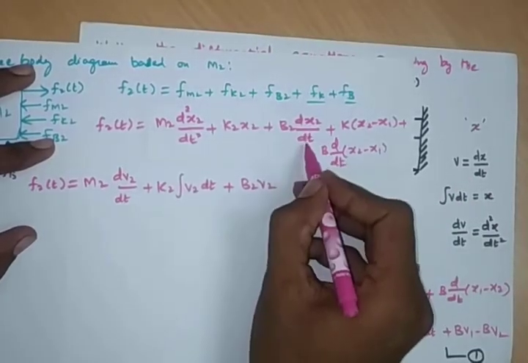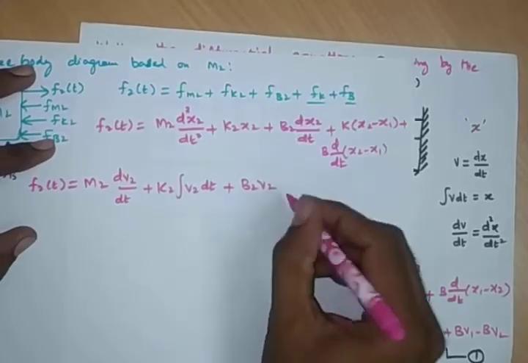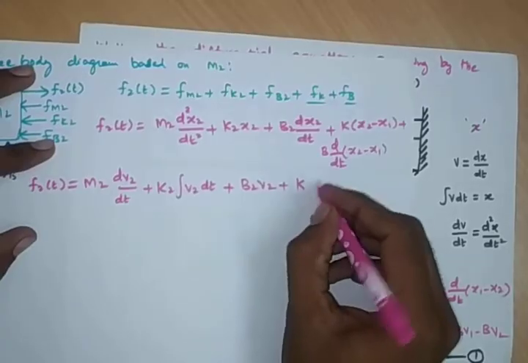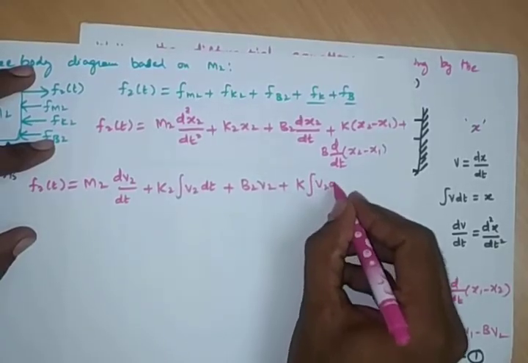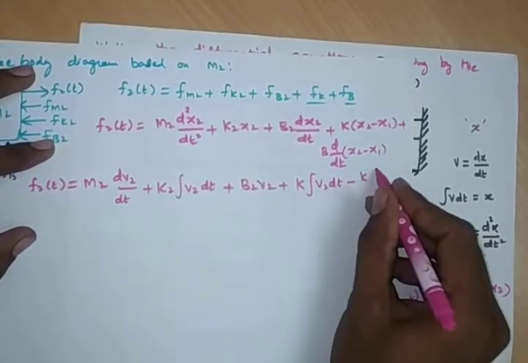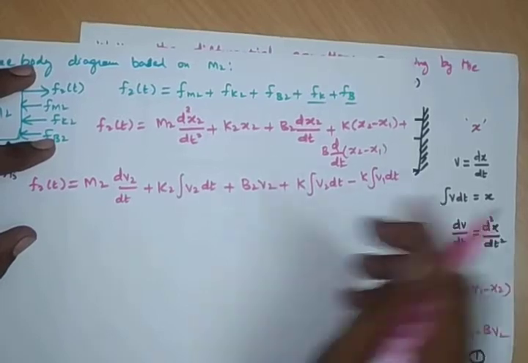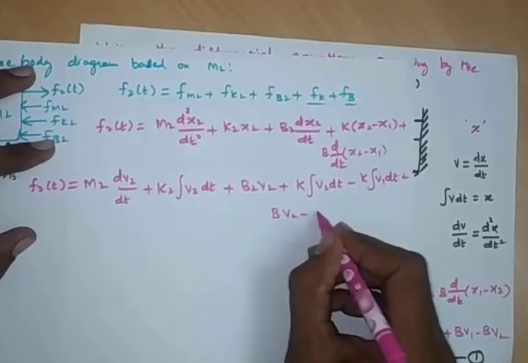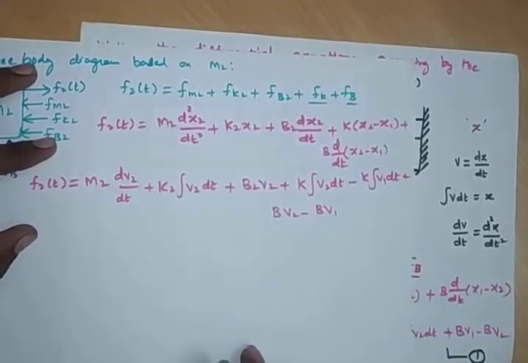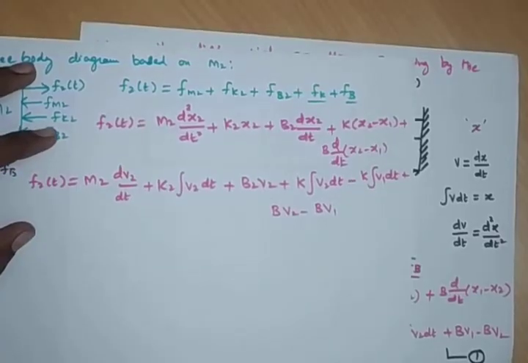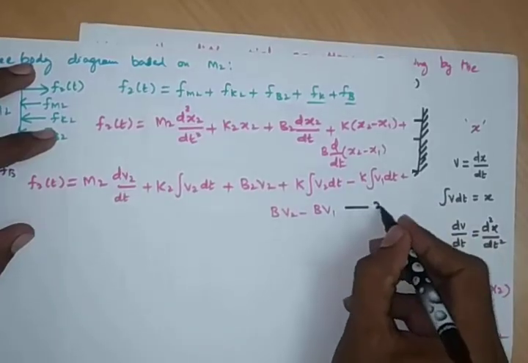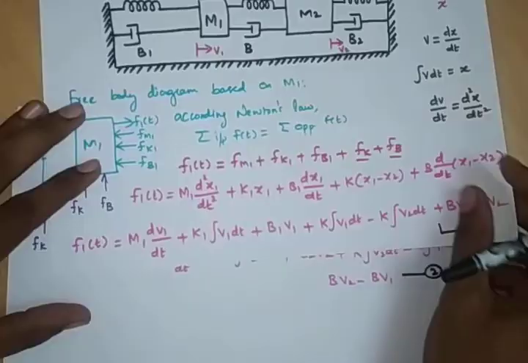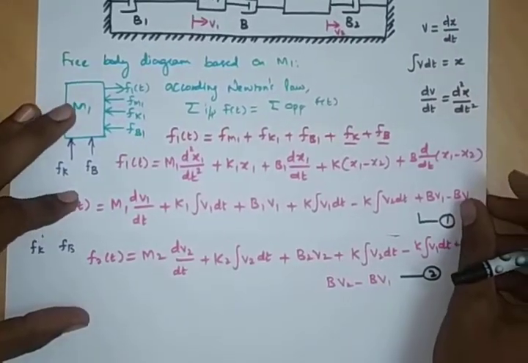So dx2 by dt is nothing but v2, plus k into integral of v2 dt minus k into integral of v1 dt plus b into v2 minus b into v1. This is what we call equation number 2. So this is what we need to produce.